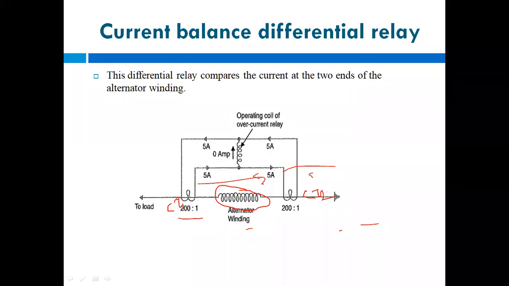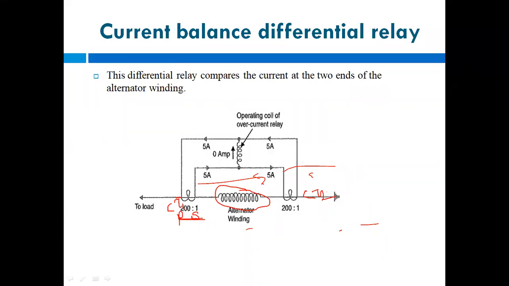You can see the current direction here. If you consider CT1, its ratio is 200:1. That means the primary current is 200 ampere and the secondary current is 1 ampere, so that much current we can measure. This is the function of a CT: it lowers the level of current to a measurable value, so we can measure this 1 ampere.